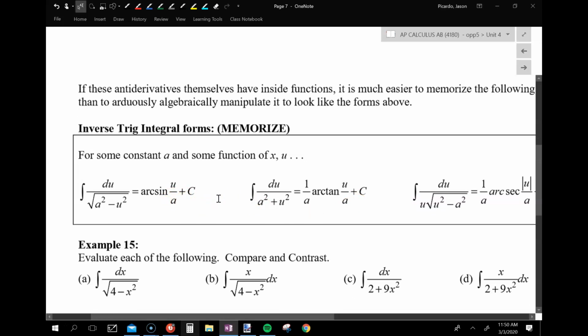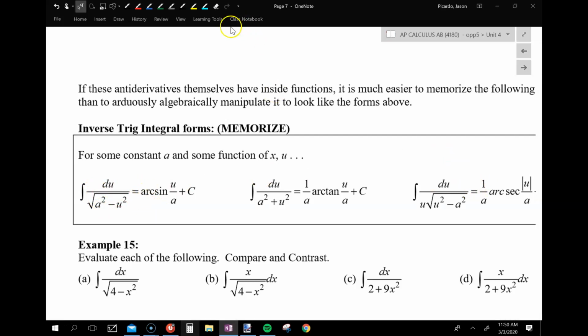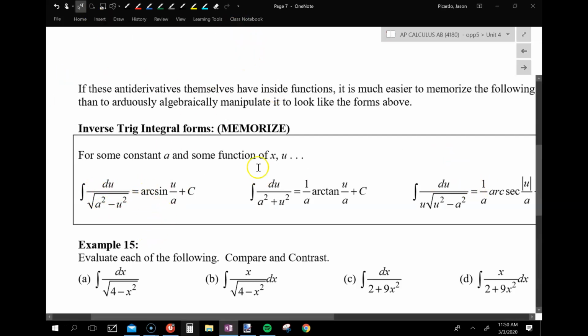Now, here's the thing, guys. If you remember these three, what does that give you? It gives you the special case, it gives you the one up top, and if you memorize this, then you know the derivative, right? So it's a threefer. But these are inverse trig integral forms.